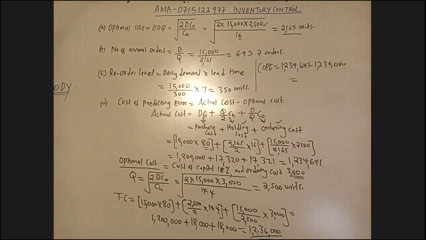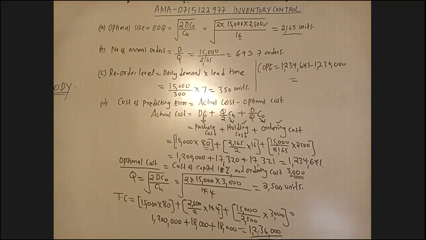How much are you getting? So 12,34,641 minus the answer. What do you get? Am I getting a negative figure or what? Wait a little. It is fine, it is fine. I get 12,36,000. It is fine.